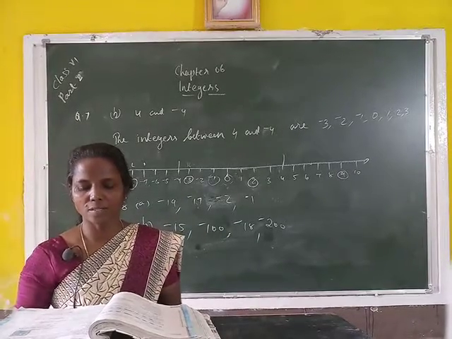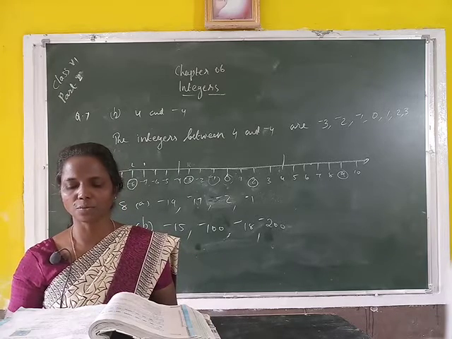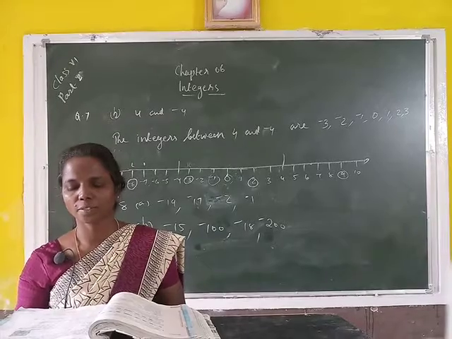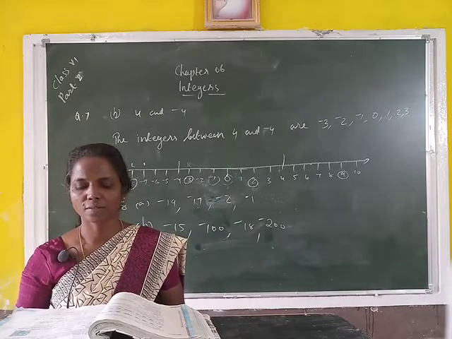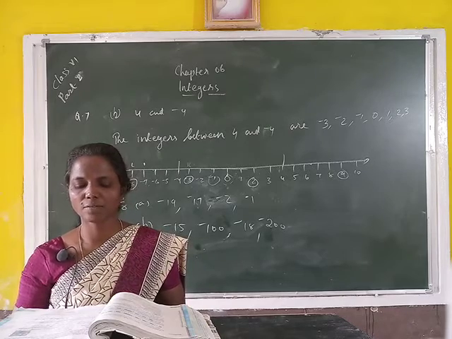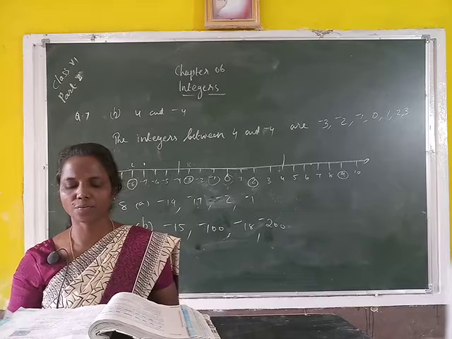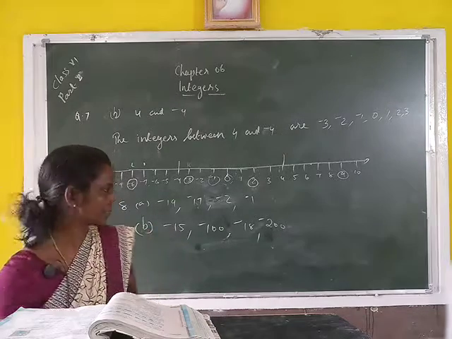The next question number 9. For the following statement, write T for true and F for false. If the statement is false, correct the statement. Negative 8 is to the right of negative 10 on a number line.